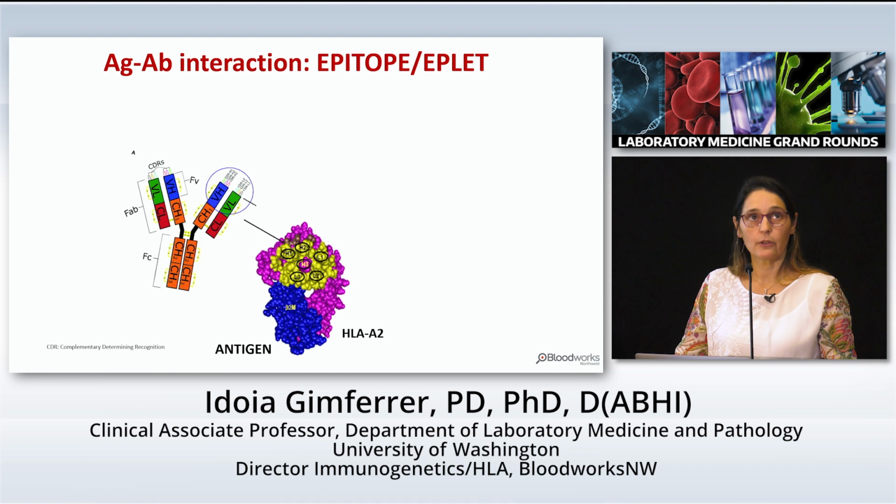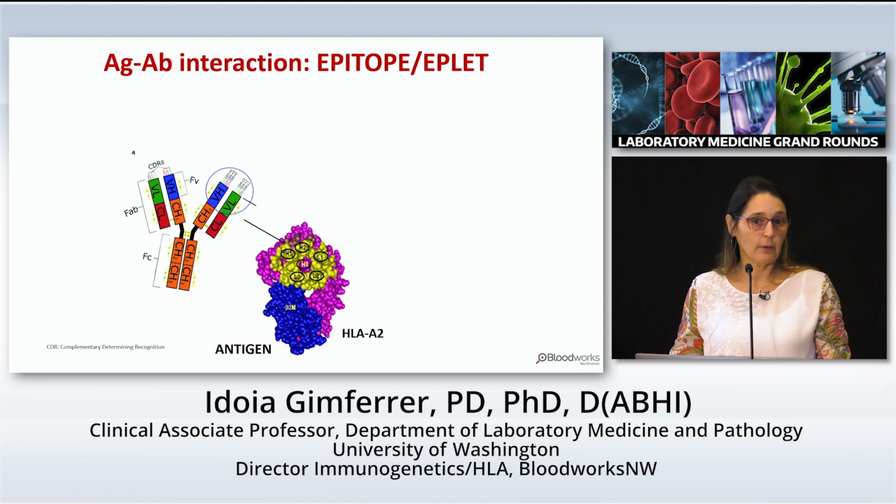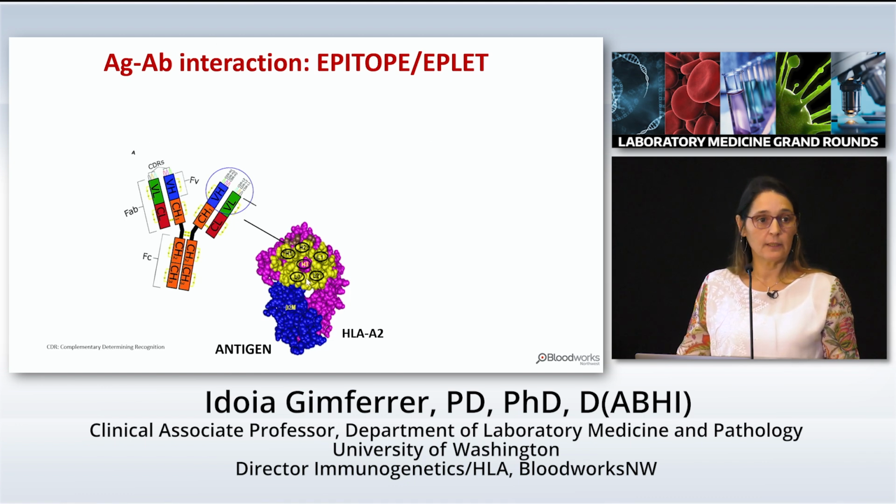This is the interaction of an HLA protein with an antibody. As you can see, they are roughly the same size. This is HLA-A2, and you're looking at the protein from the side. This is the beta-2 microglobulin, the alpha chain in pink, and in brown you can barely see the peptide. The yellow area is where the antibody interacts with the protein.